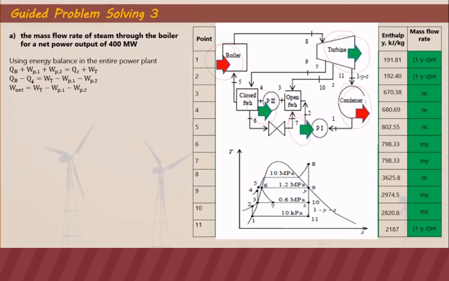And since our work net is just equal to work of the turbine minus work of the pumps, then our work net will just be equal to heat input in the boiler minus heat rejection at the condenser.